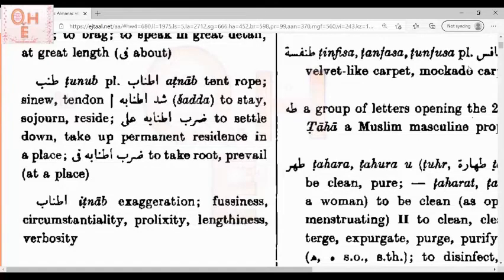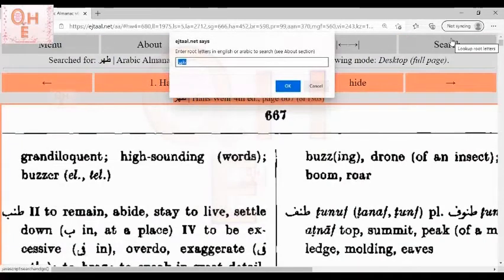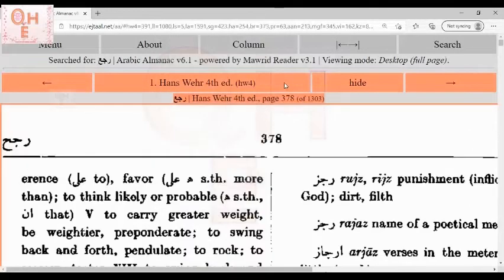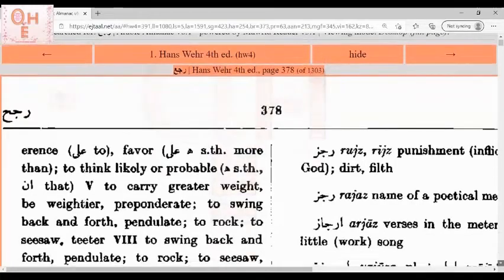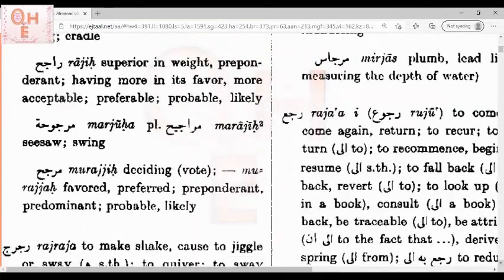Now let's go over our last combination of root letters, and that is ra, jim, ain. When I plug in ra, jim, ain, we see the past tense pattern, raja'a.